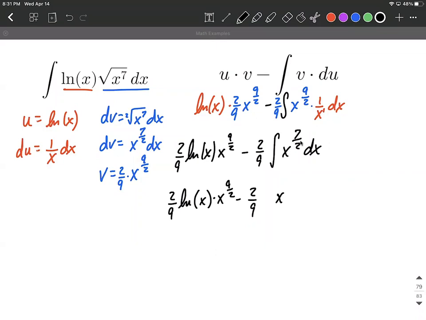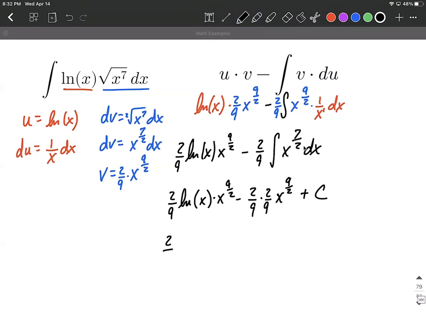But then we're going to take x to the 7/2. We're going to increase the exponent by 1. So again, back up to 9/2. But then we have to either divide by our new exponent or multiply by its reciprocal down here. And at this point, because we've gotten rid of our integral symbol, that's where we put a plus c at the end. All right, we can probably clean this up just a little bit more.